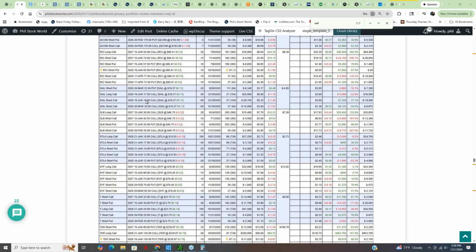And we sold. Oh, I see. This is probably a double entry, because one's long, one's short. So we have a double entry here. We have the 17.50 calls. We sold the $20 calls. We also sold the puts, which we're going to have to roll, and that was 25,000.